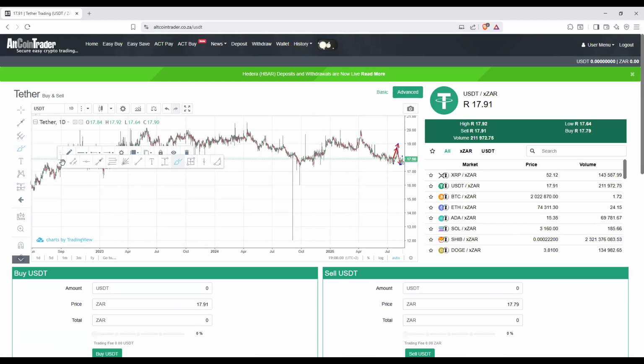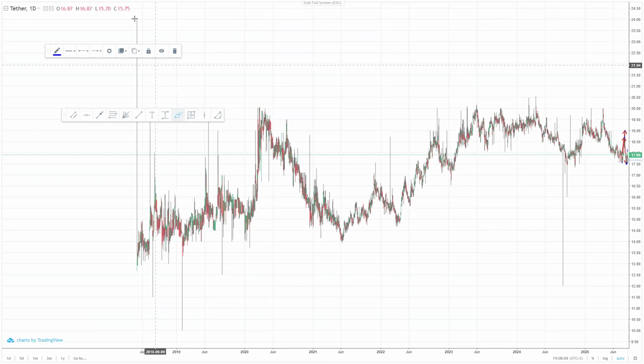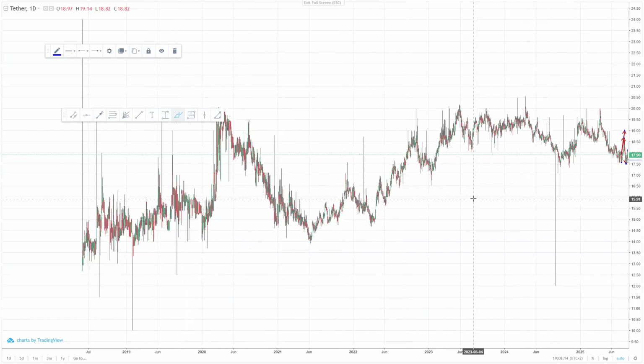Then what we see is an interesting picture, because we can now see that there has been a kind of upward movement towards the rand. In other words, the rand has decreased in value because you needed to use more rands to buy dollars.